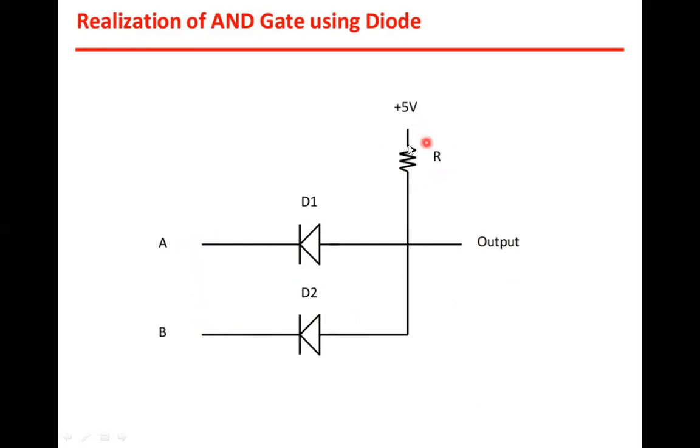This is a load resistance, and we give plus 5 volts to make this circuit function.